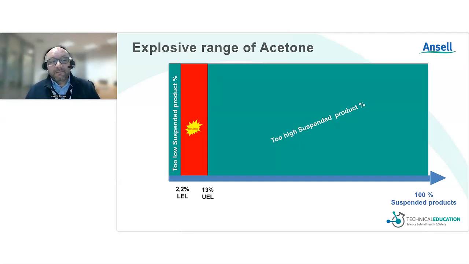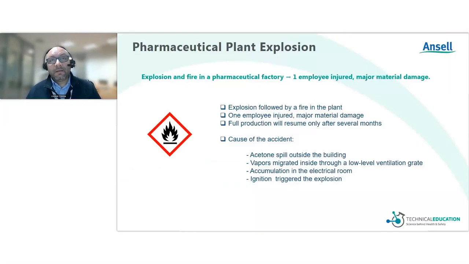The scientific and safety literature shows some incidents linked to acetone. It happened a few years ago in a pharmaceutical company, where it started with an explosion and a very big fire in the plant. Fortunately, there was only one injured person, but there was huge material damage. The cause of the accident: after a leak, a spill outside the building, the vapors migrated inside through a low-level ventilation grate.